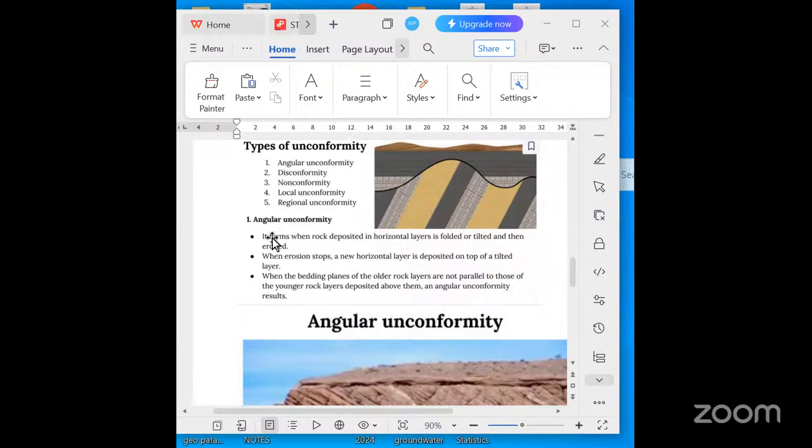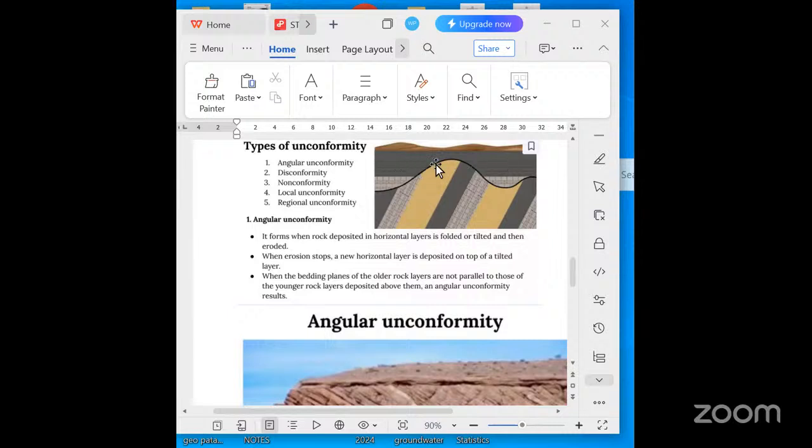Angular unconformity forms when rock deposited in horizontal layers is folded or tilted and then eroded. When erosion stops, a new horizontal layer is deposited on top of the tilted layer.